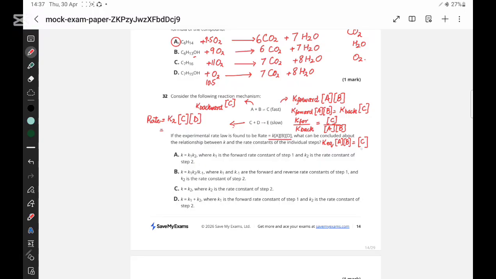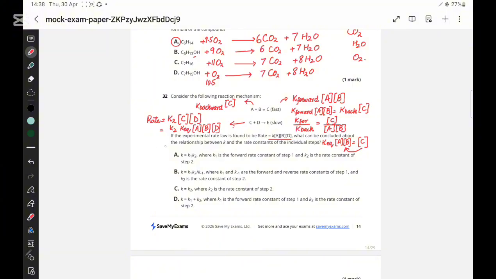Now putting the value of C here, it becomes K2 K equilibrium times the concentration of A, the concentration of B and the concentration of D.